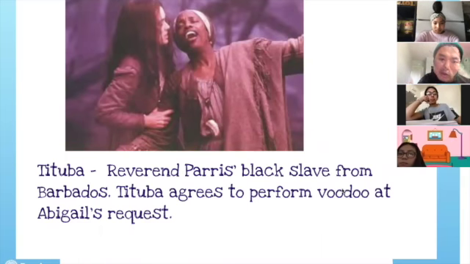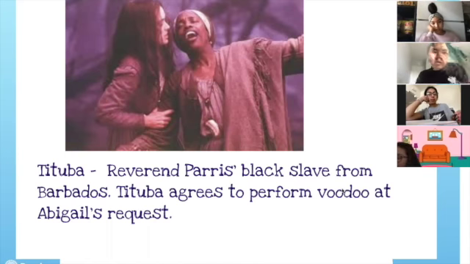And the day before the play starts, the girls of the town, led by Abigail and Tituba, were dancing in the forest. Dancing in this time period is against the rules. This is a very religious Puritan town, so you're not allowed to go dance and do things. If you read, the only book you're reading is the Bible.